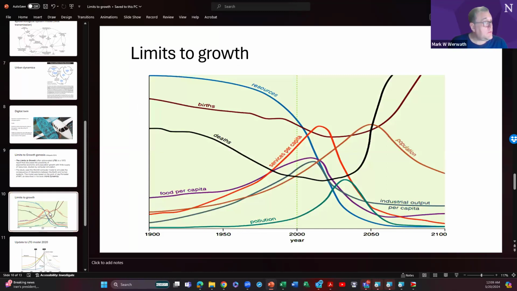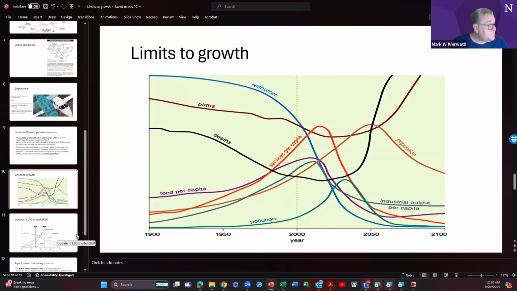If you look at resources, births and deaths, food and services, pollution, industrial output and population, you can see he was forecasting effectively a population collapse around the world, roughly around 2050 or so, with services, resources, births and to some extent food per capita collapsing anywhere from say 20 to 30 years before that. So that would be roughly about now, the 2020s, right? Which is a little bit concerning, of course.